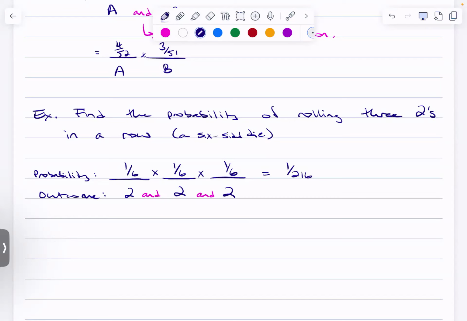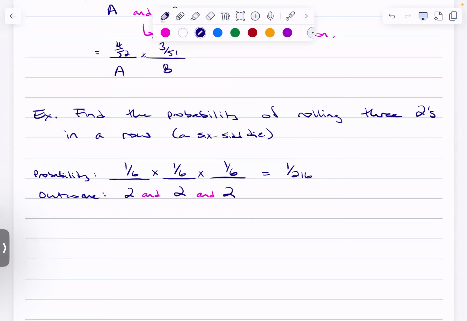Which means there are 216 possible outcomes if I roll a die 3 times, and a 2 and a 2 and a 2 is just one of those. Technically, that's any combination out of those 216: a 1 and a 2 and a 3, a 3 and a 6 and a 4.